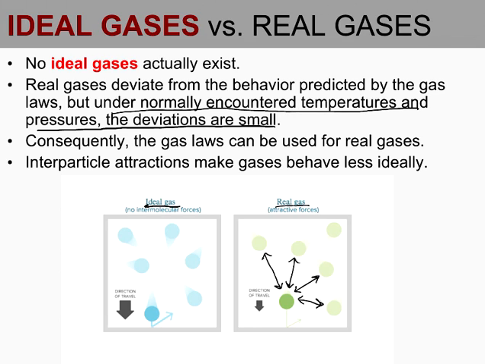Maybe it affects the energy of the gas, which would affect the temperature of the gas. So again, these are really, really small interactions if they do occur. So the ideal gas law still gives us a really good idea of, for instance, the pressure or the volume or whatever we're solving for. But just keep in mind that ideal gases don't actually exist. And so this is more of an approximation.